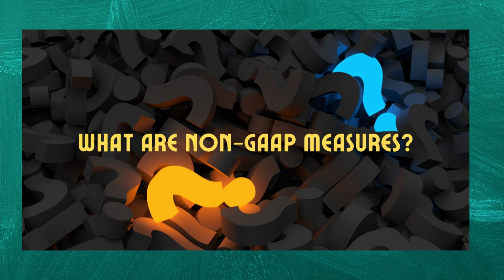In that situation, they might provide specially designed non-GAAP metrics in addition to the other disclosures required under GAAP. Investors should be skeptical about non-GAAP measures, however, as they can sometimes be used in a misleading manner.